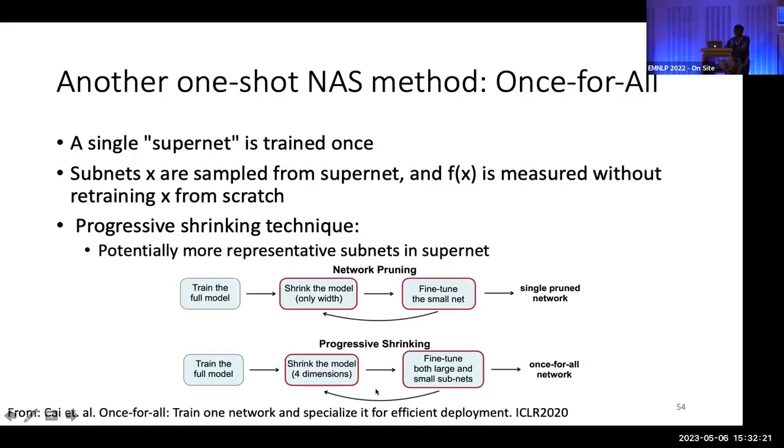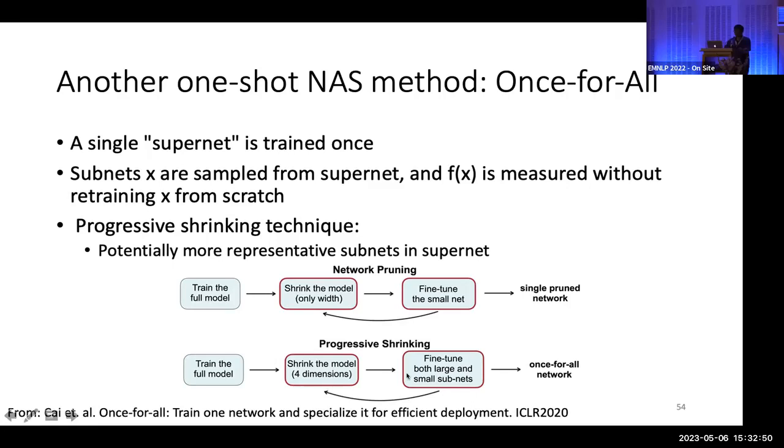Now for Once-for-All, what you care about is the supernet, the big network. So what they do is they train the full model, and then when they're training, after a few epochs, they will pretend to shrink it. So they'll pretend to prune it. Maybe they'll take fewer dimensions or take a subnetwork, fine tune it, and then use that gradient update of that small network to update the big network.